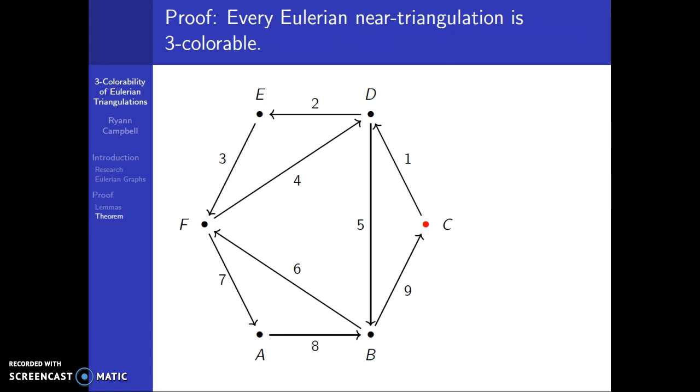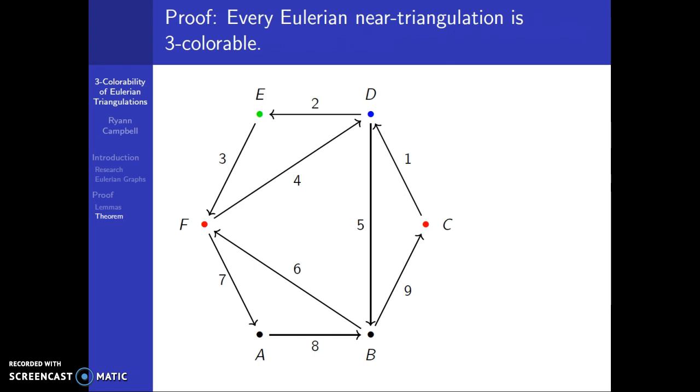So let's start with C. We have it red. Then the next color in the series is blue. So after we follow edge 1, D is blue. Following edge 2, E is green. And then since we've gone through our 3 colors already, back to the beginning of the pattern, F is going to be red.